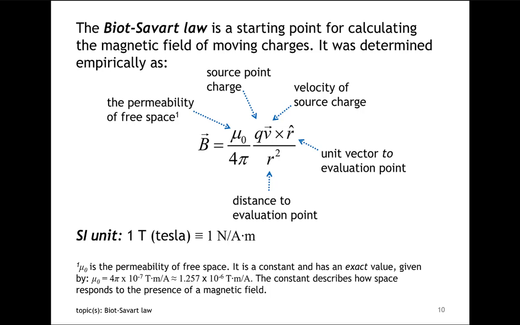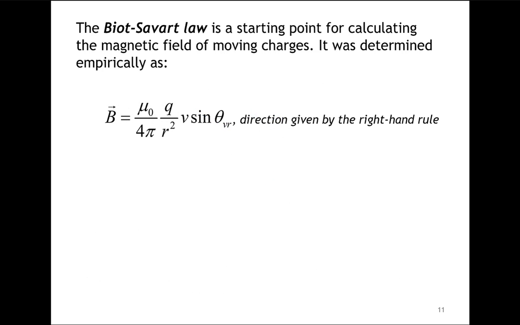Now, this is the version of the Biot-Savart Law using a cross product. But you might remember that the cross product of two vectors can be expressed in terms of a magnitude and a direction given by the right-hand rule. So it's often more convenient to write this version of the Biot-Savart Law in terms of the magnitudes instead of cross products.